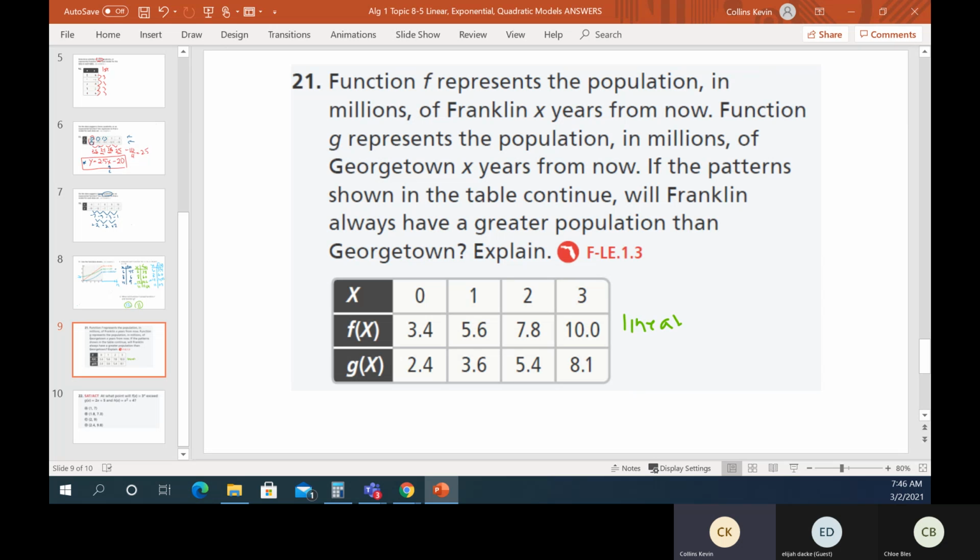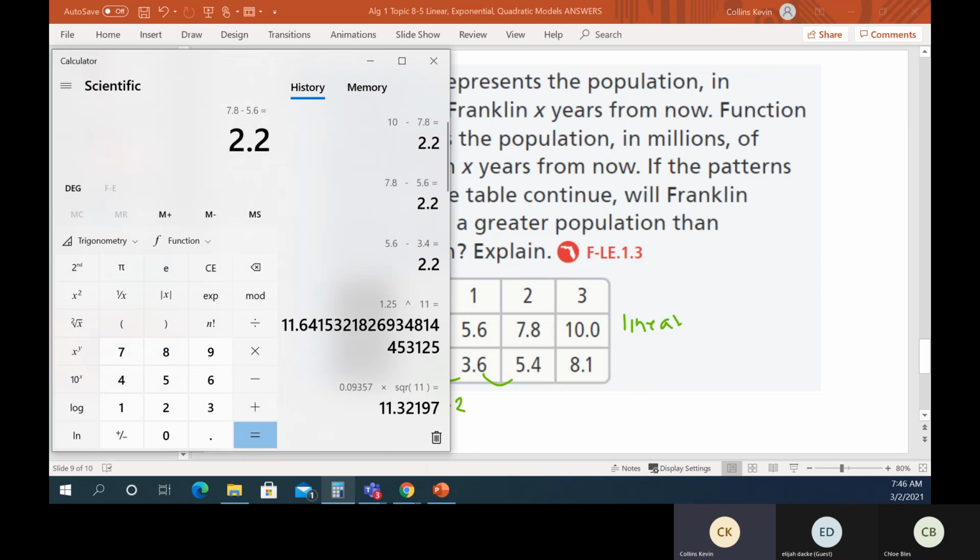All right, let's see what's going on with this guy. So it looks like we do these guys here, that's going to be 1.2. And this guy is going to be, let's see, 5.4. So 5.4 minus 3.6. So that's going to be 1.2. Wait, hang on. I didn't clear it out right.